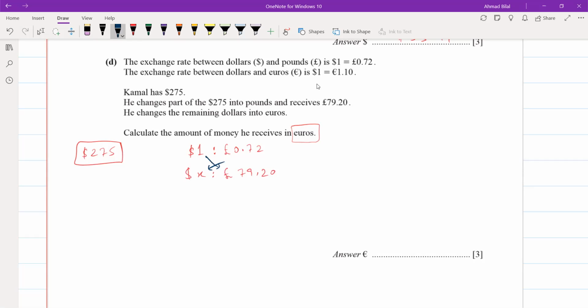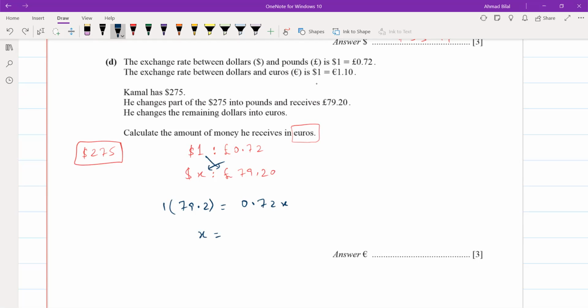So you get 1 into 79.2, that is equal to 0.72 times x. और यहाँ से आपके पास x की वैल्यू आ जाए. ये कितने डॉलर्स आपने पाउंड्स में कन्वर्ट किए. ओके, बिकॉज ये रेशियो सेम होनी चाहिए. जब $1 to 0.72 pounds, अब उसने 79.2 pounds आपको दिया हुआ है, तो कितने डॉलर्स बनेंगे? Figure that out using simple ratios.